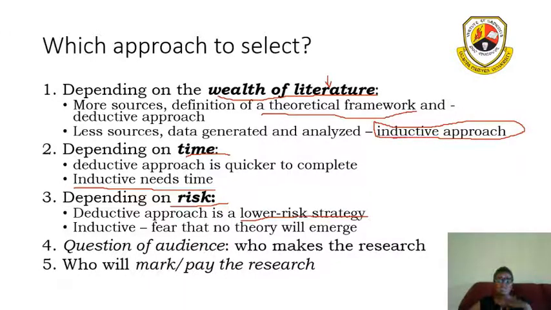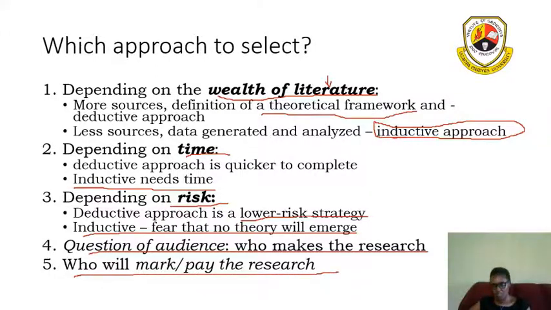Inductive means that you may have to discover more than what you intended. Then the other one is your audience. Who are you writing to? Then the final one is who will mark or who will pay you for your research.